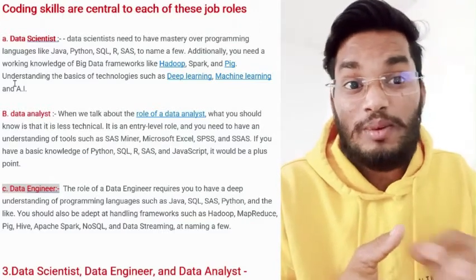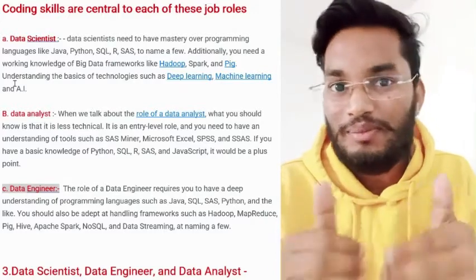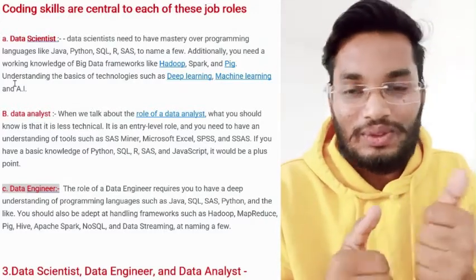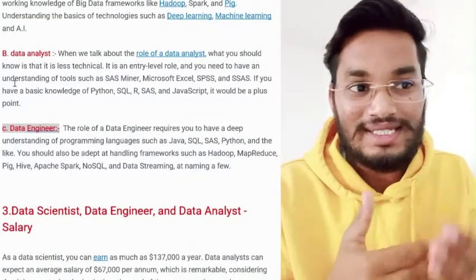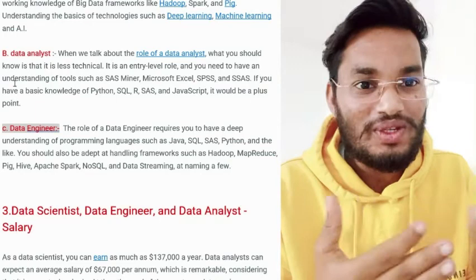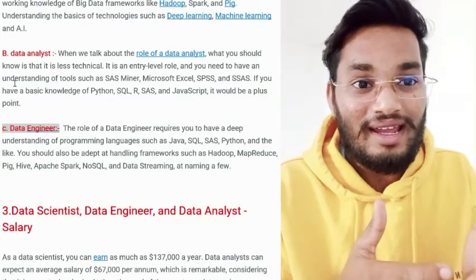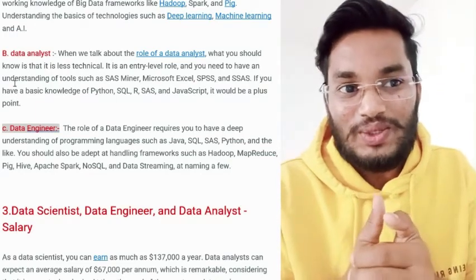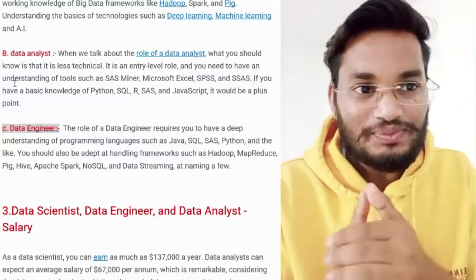And let's talk about the data analyst. The data analyst's key skills are less technical. It is an entry level job role.